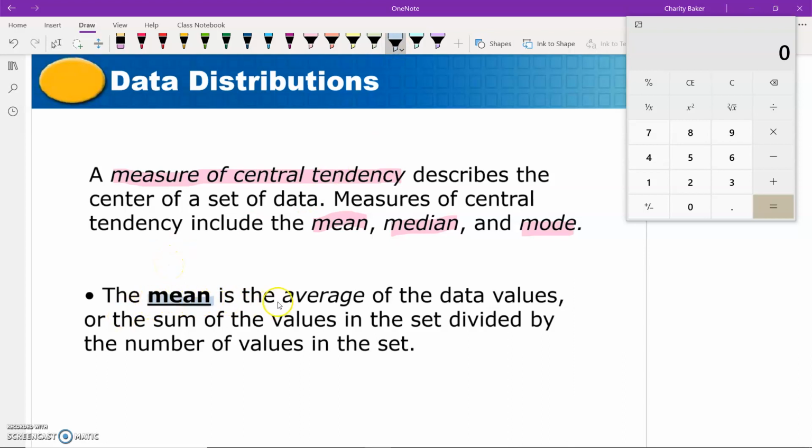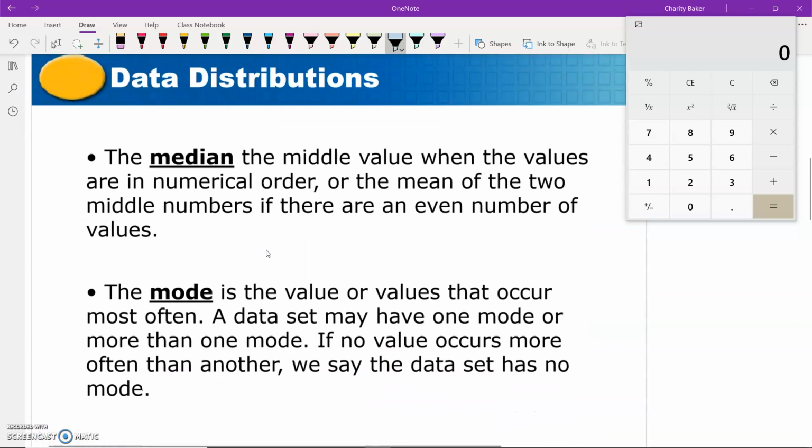The mean is the average of the data values, which is the sum of the values divided by the number of values in the data set. We've done that a few times already. Now you might not know these next two. We've got the median.